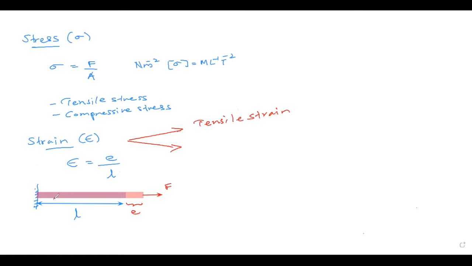In the example I drew, the material is experiencing tension, so this strain is tensile strain. If we compress it, it will have a compressive strain. These are the things we discussed in our last class.